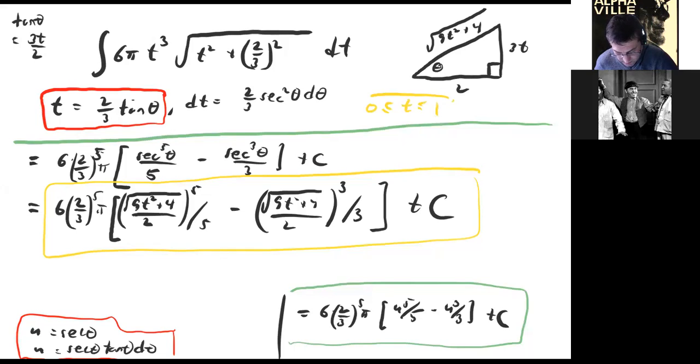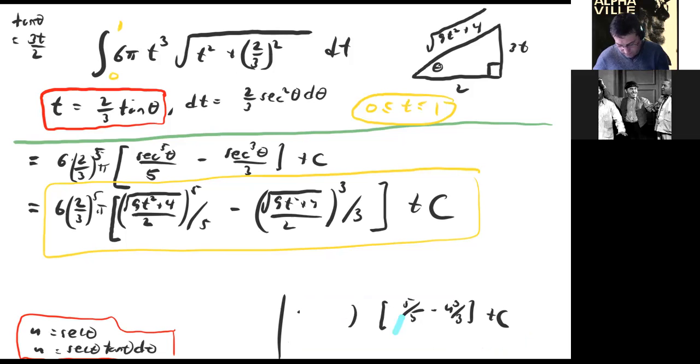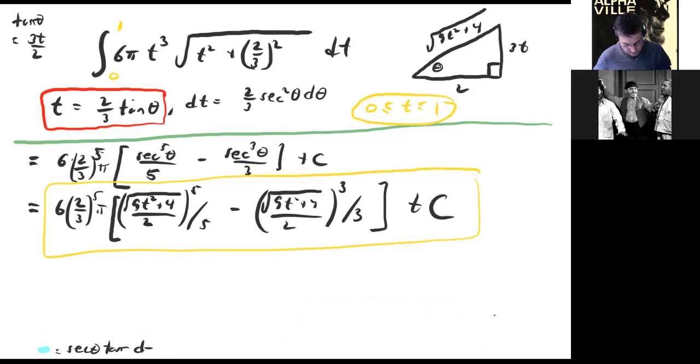That was the assumption in the integral. So we're interested in t going from 0 to 1. Therefore I'm going to evaluate what's in the yellow box from 0 to 1. So to do that, I need to erase. So we're going to evaluate this from 0 to 1.